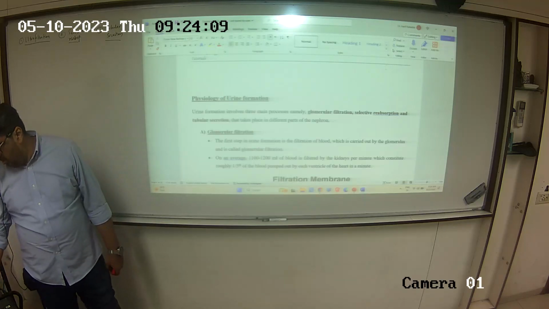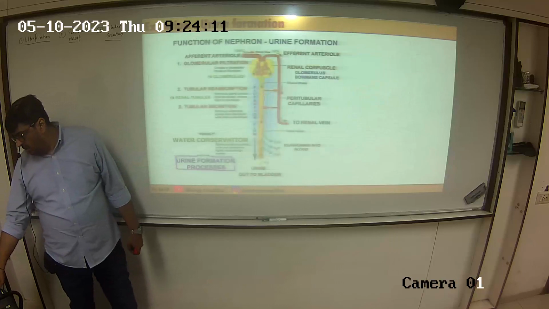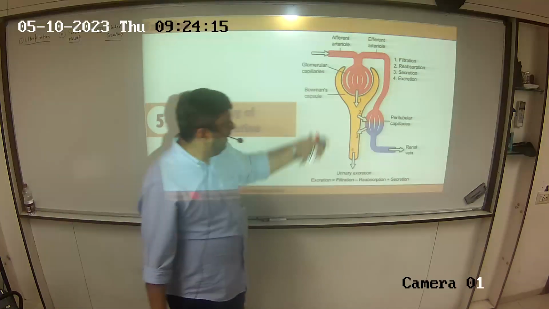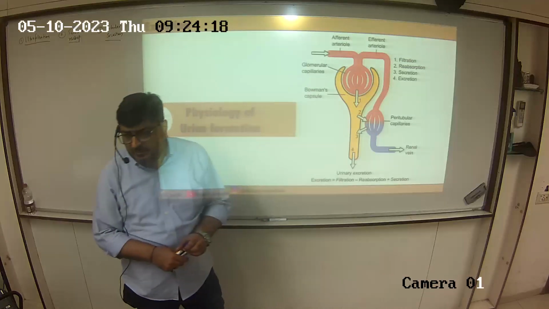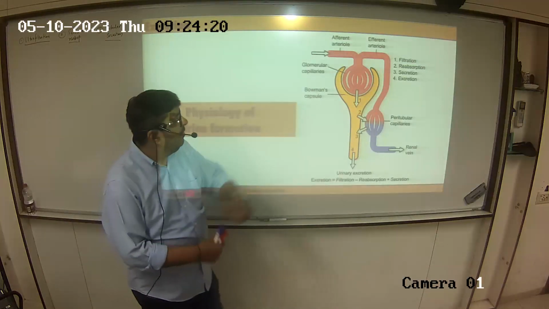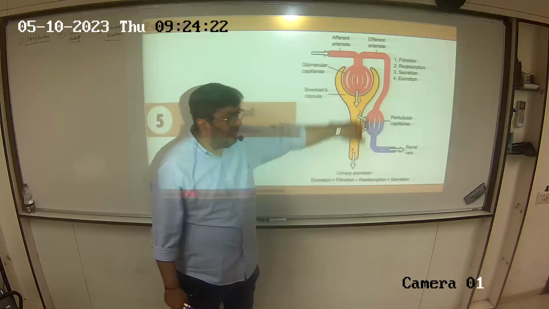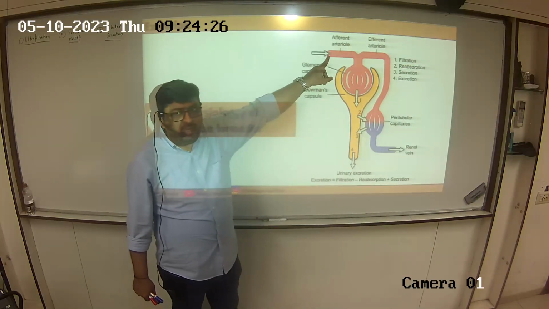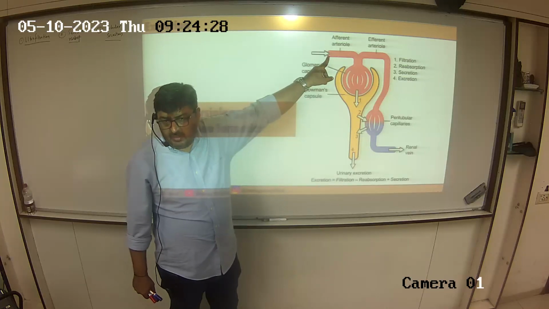Now before we go into the complexity and technical part, let us try and see what are these three processes. We have seen the structure last time. The afferent renal arteriole, which is a branch of the renal artery.